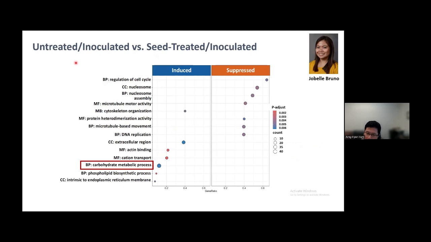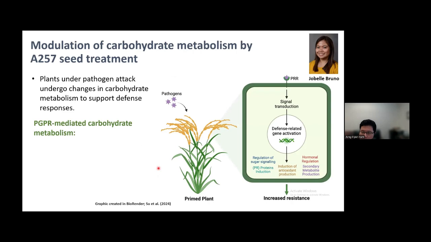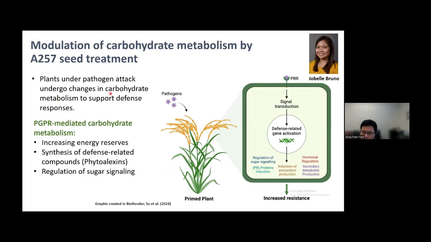According to our initial RNA sequence data analysis, we found that the genes involved in carbohydrate metabolic process were induced more in the treated plant, and probably it's consistent with previously known information that plants under pathogen attack undergo changes in carbohydrate metabolism to support the defense responses.